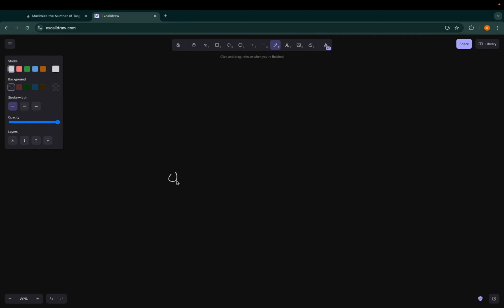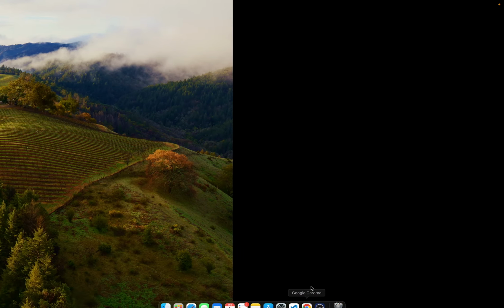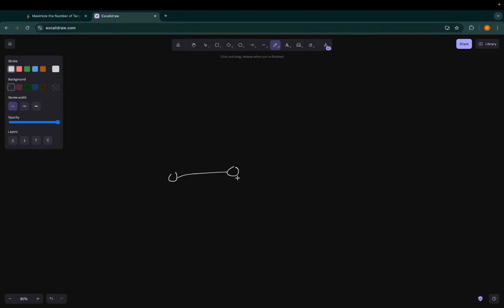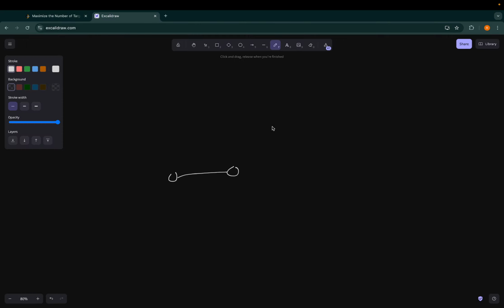We are connecting two trees with a node, but this time we have to find out how many nodes are at even lengths, right? So one beautiful thing to observe over here is that basically we have to maximize the count of the number of paths which are even in length. Okay.